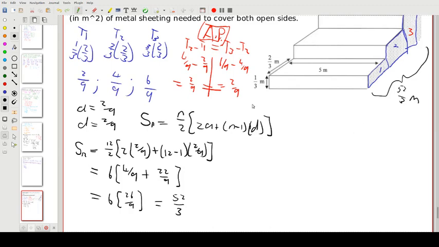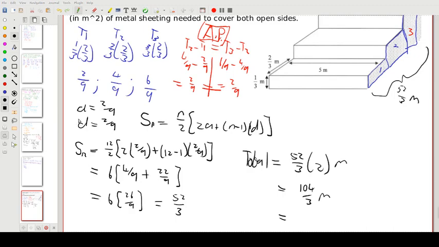But on the other side we'll need the same. So the total is equal to 52/3 multiplied by 2 meters. That gives us 104 over 3 meters. And just to see how to round off, let's quickly round that off.